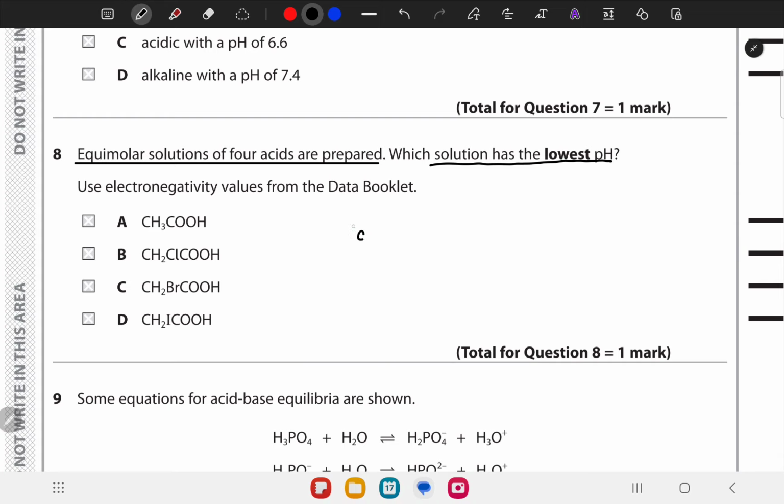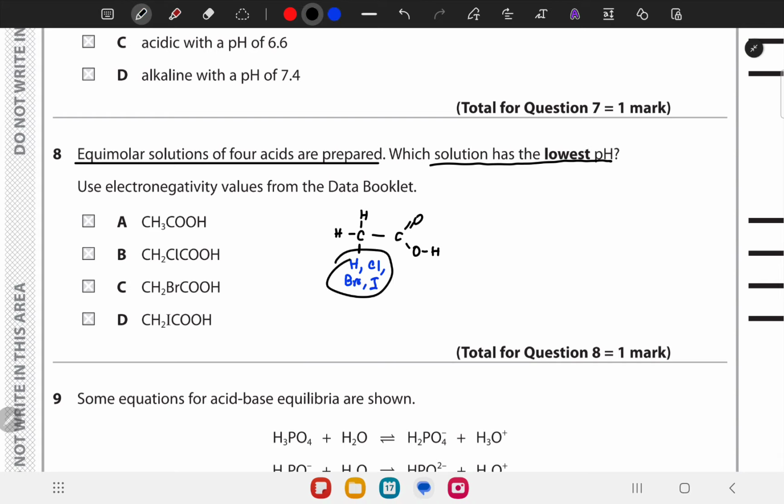So if we draw the structure, we'll have CH2, we have a carboxylic acid over here, and this is our variable one. So first we put hydrogen over here, then chlorine, then bromine, then iodine.